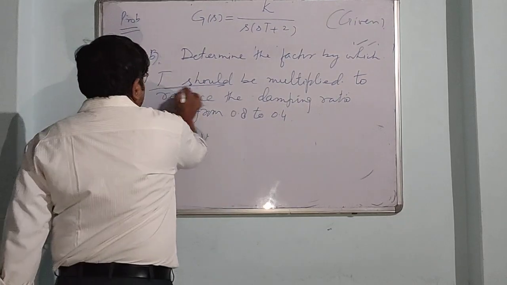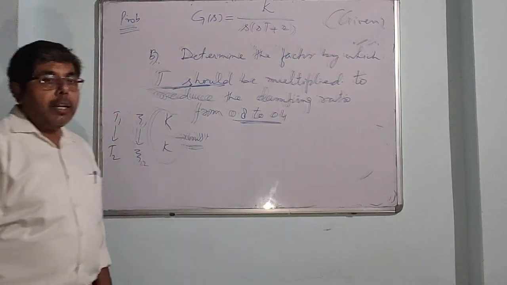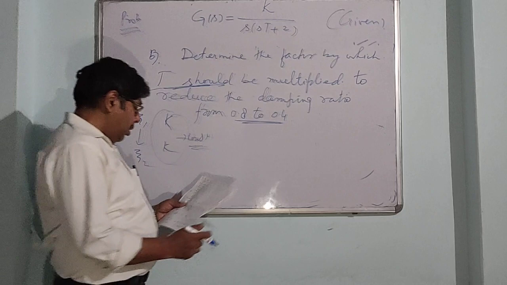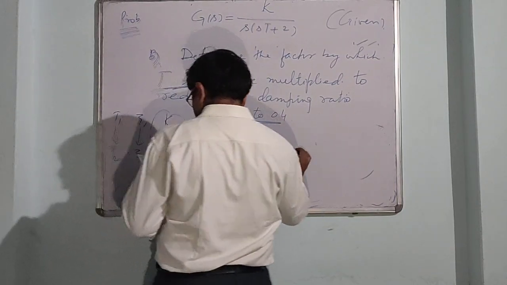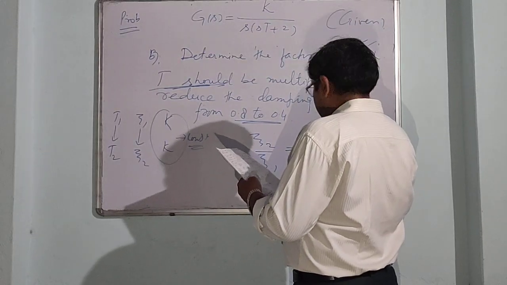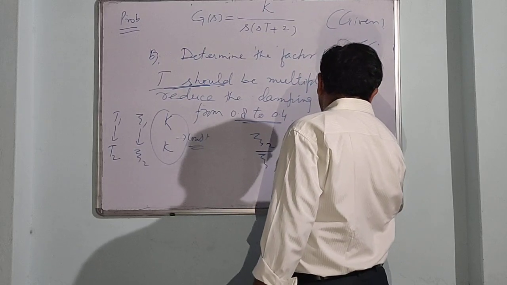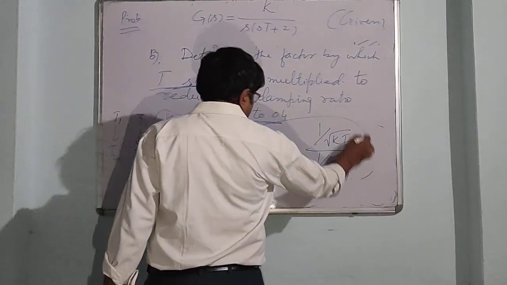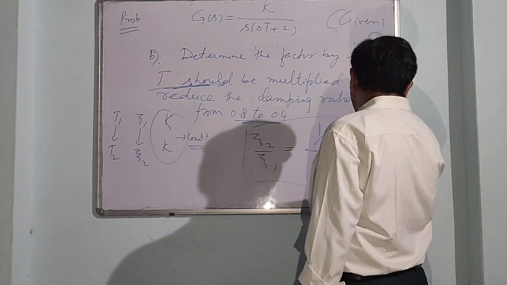Only T is changing with change in damping factor. So you can calculate by the same expression. Zeta 2 upon zeta 1 is 1 upon under root K T2 over 1 upon under root K T1. Here K is constant. Obviously this is under root T1 upon T2.